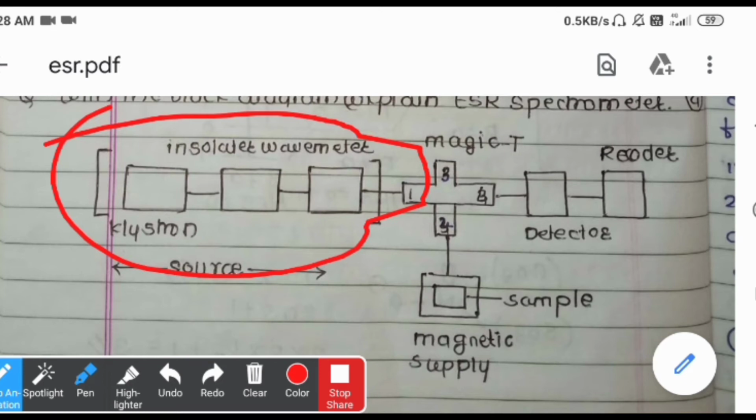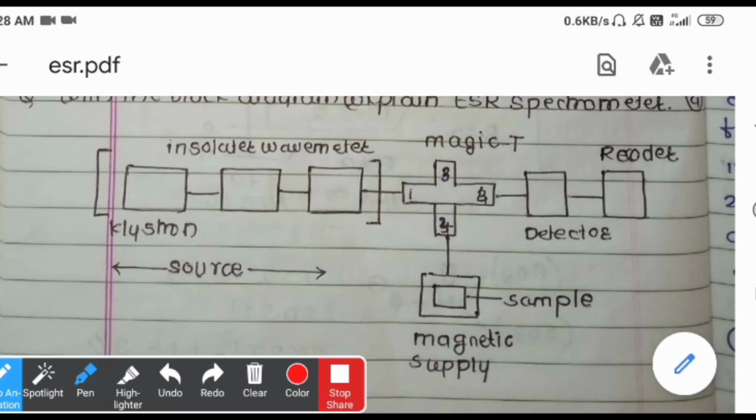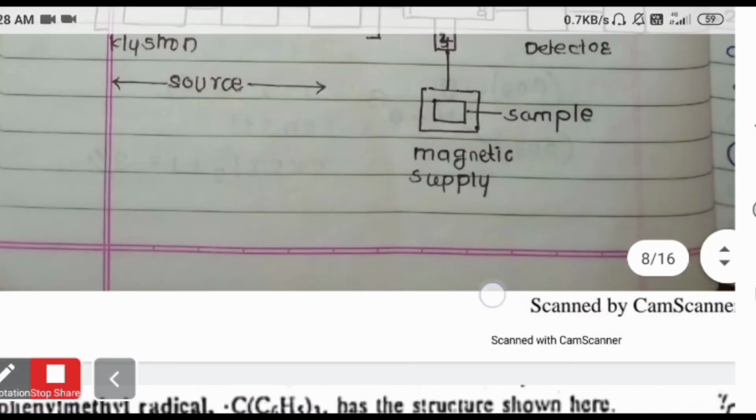So these are the components of the ESR, and we'll see each component one by one. The important ones are the klystron, magic T, sample cavity, magnetic supply, and detectors. So these are the important components of the ESR spectrometer.